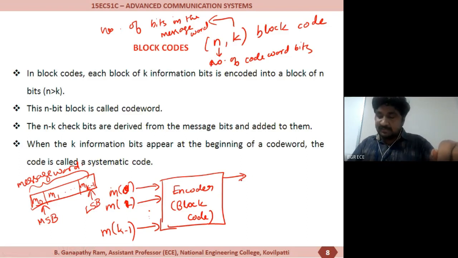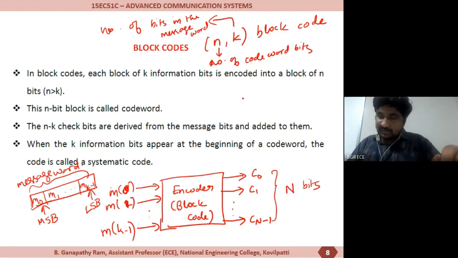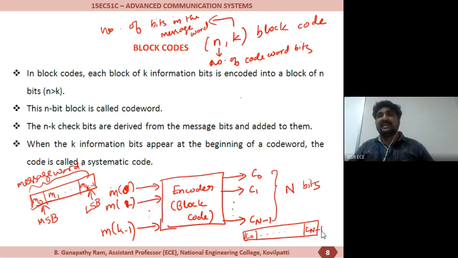And the encoder will produce the code word which consists of n bits. This block code adds to the message bits. The code word will be structured in a way that C naught will be in the MSB position and C n minus 1 will be at the LSB position.